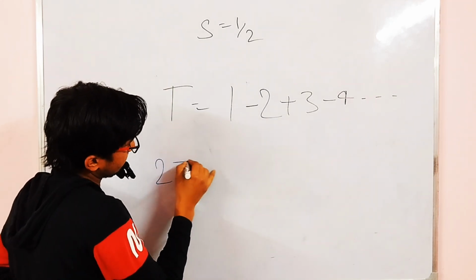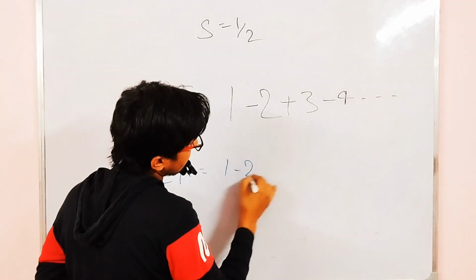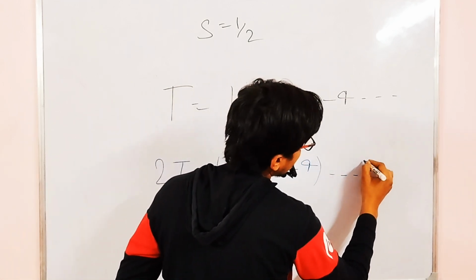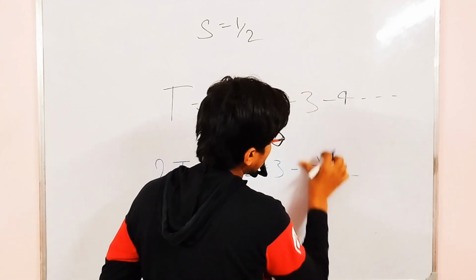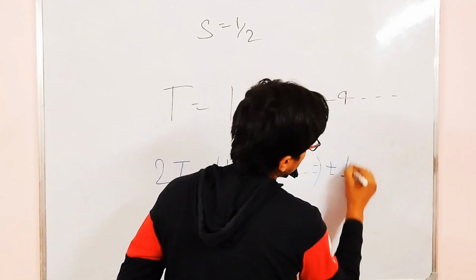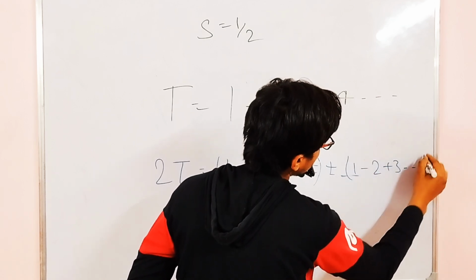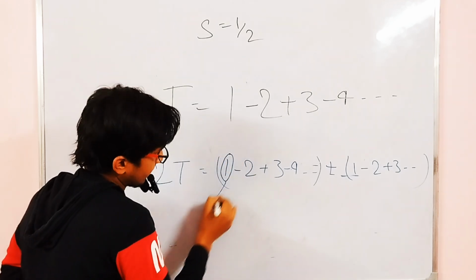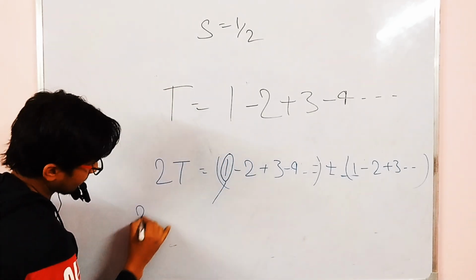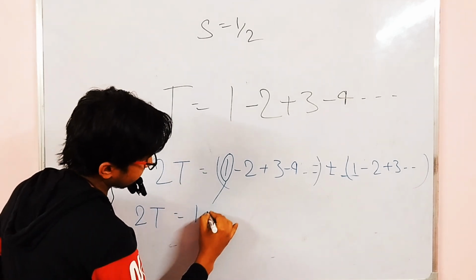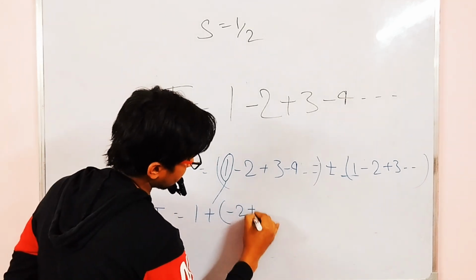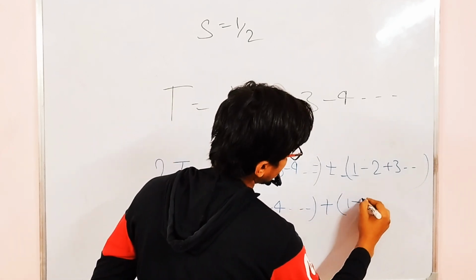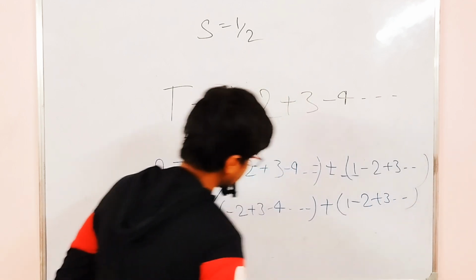He used some tricks, so let's see what tricks Ramanujan used. 2T is the series 1 minus 2 plus 3 up to infinity written twice. Again he takes the positive one outside: 1 plus minus 2 plus 3 minus 4 and so on, plus 1 minus 2 plus 3 and so on.